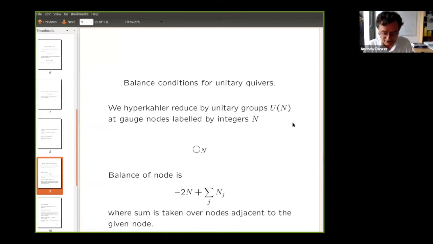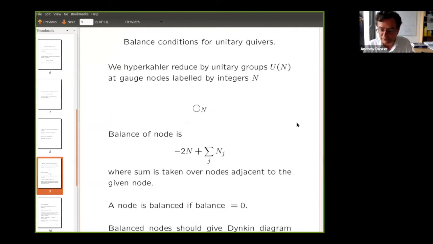The interesting feature from our point of view from the duality is the notion of balance. This is something that comes out of the physics. The balance is an integer that we can associate to each node in our quiver diagram. It's minus twice the dimension at that node, plus the sum of the dimensions over the adjacent nodes.